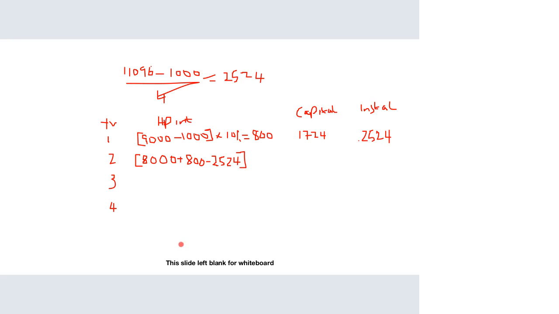If you get that, then we multiply this by 10%. That will give us the hire purchase interest for year 2. So what will that give us? Please, if there is anything that you don't understand, let me know. 8,000 plus 800 minus 2524.